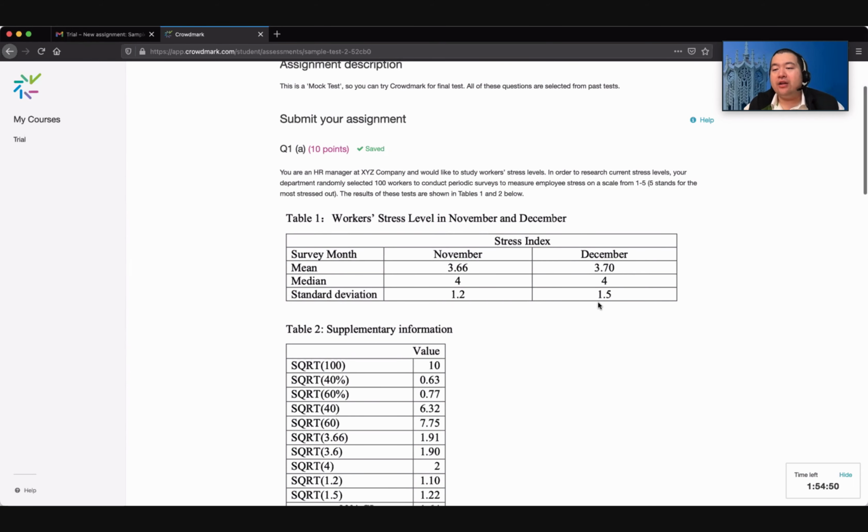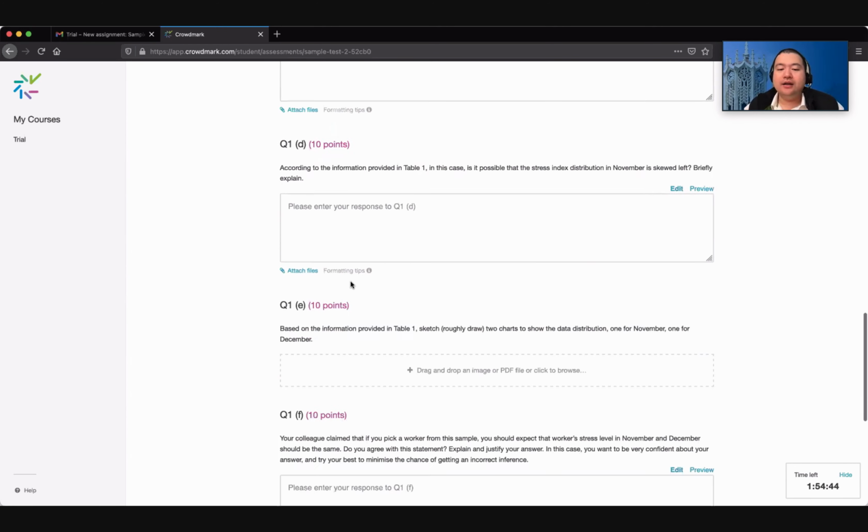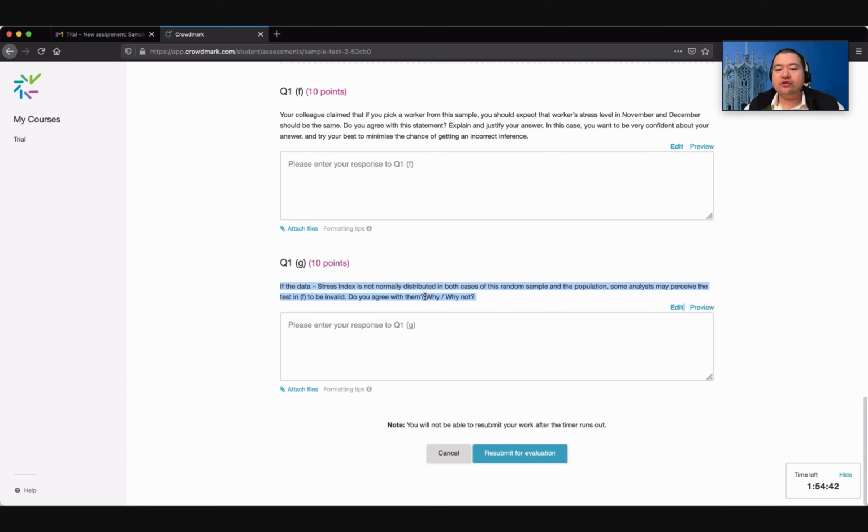If they are normally distributed, the mean and the median should be the same, right? So they are not normally distributed in both cases of the random sample of the population. So some analysts may perceive the test in F to be invalid. Do you agree?